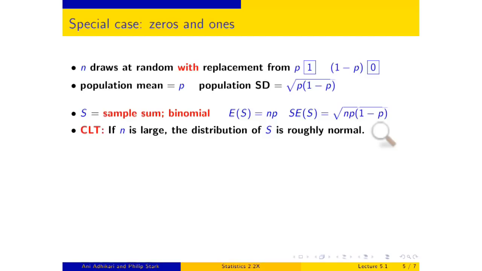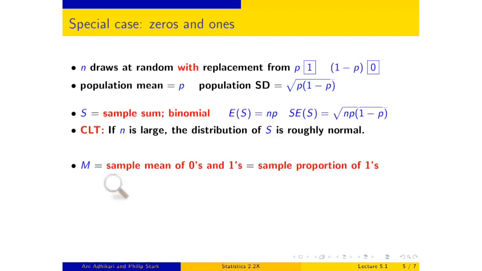And now on to the average, which when you average zeros and ones, you get the proportion of ones. Its expected value is P, that is the population mean, and the standard error is take the SD of the population and divide by the square root of the sample size.